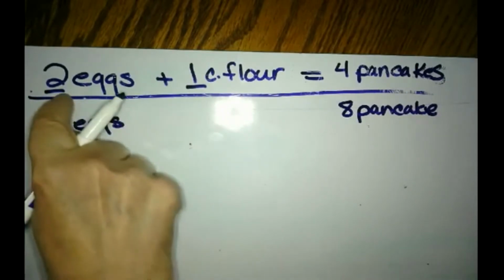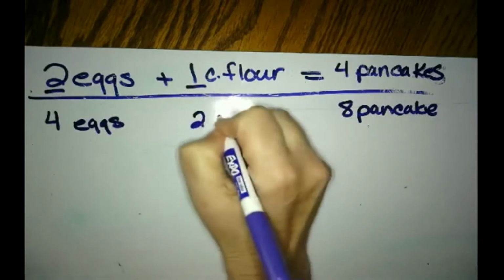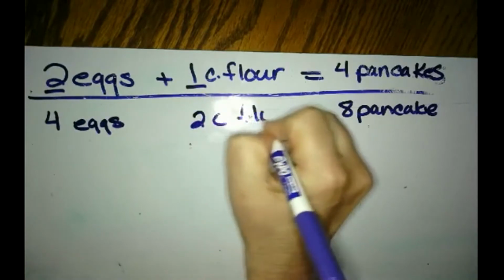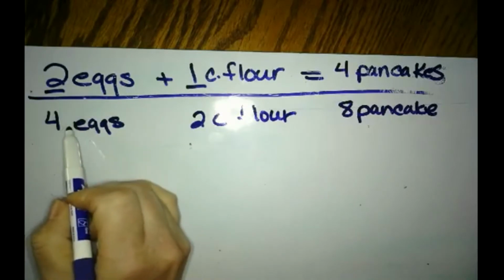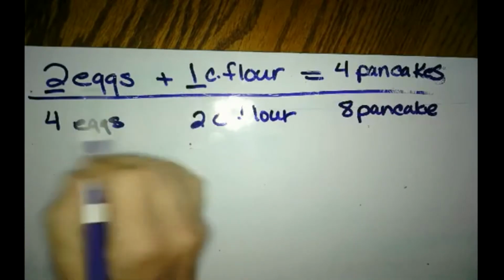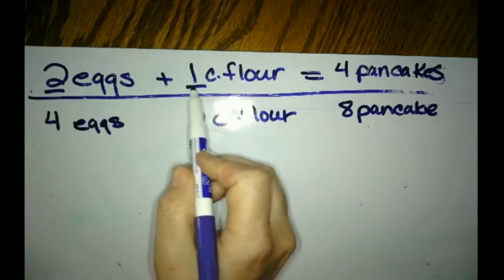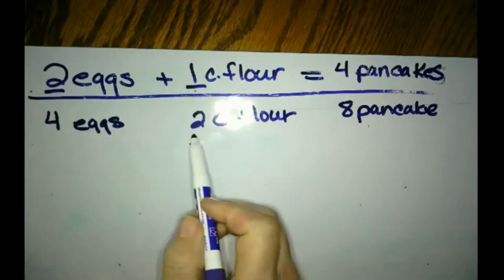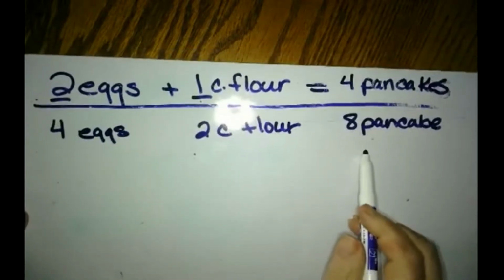Well, here I doubled everything, so I could say 2 cups of flour. That would be doubling it. Or I could also say that here I need half as much flour as I do eggs. I have 2 eggs and 1 cup of flour. 1 is a half, so I just took half that amount. And then I'm going to get my 8 pancakes.